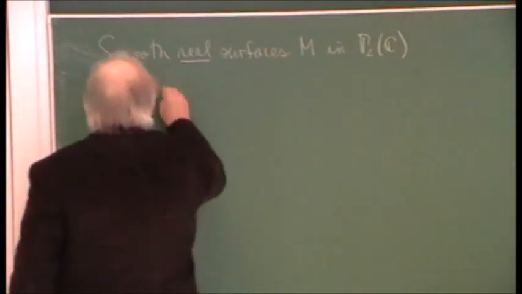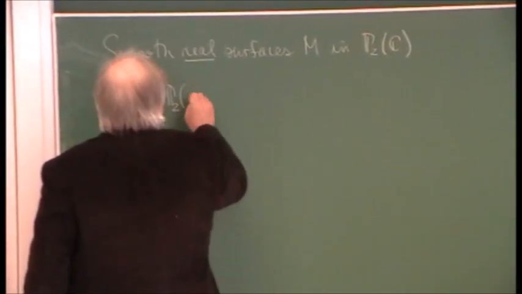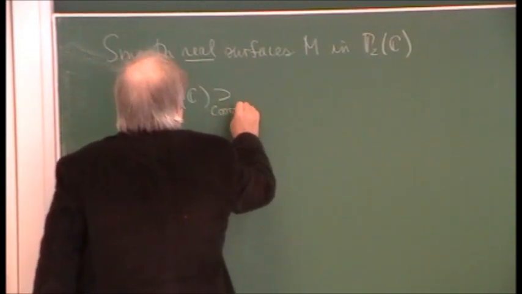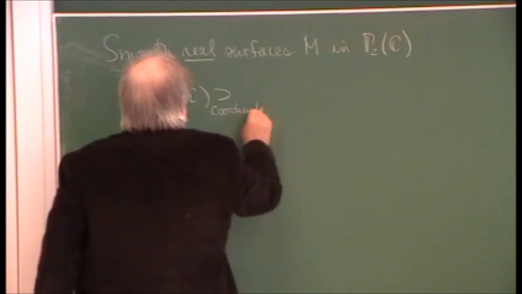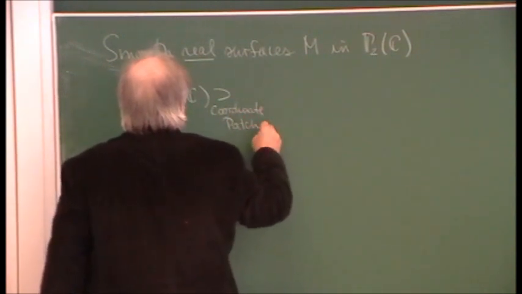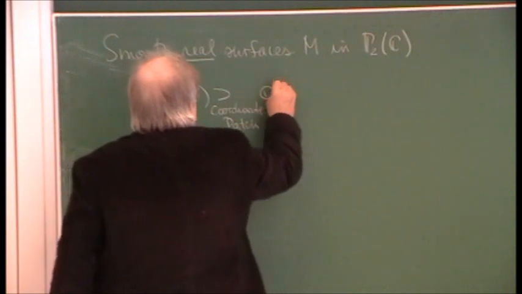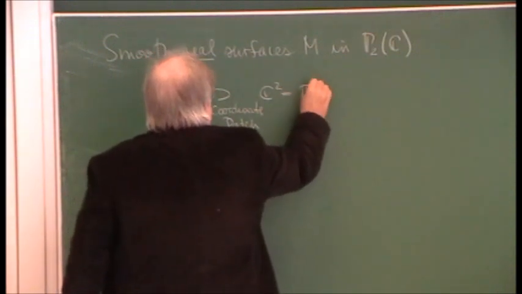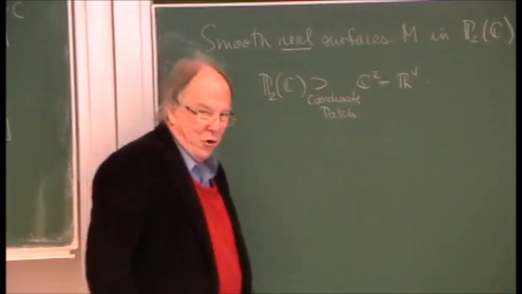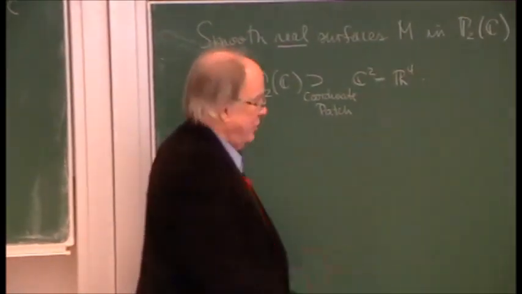You recall that P2 contains a coordinate patch, for example the one U0 not equal to 0, which is C2, and as a real manifold, that's R4. I'm just making some ridiculous remarks here.